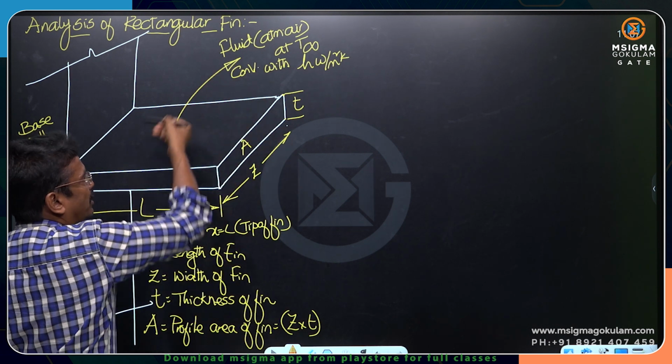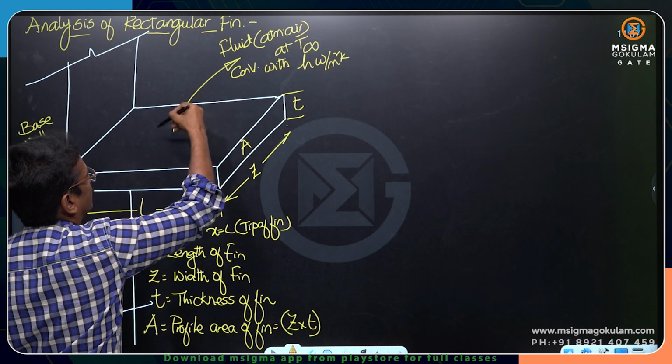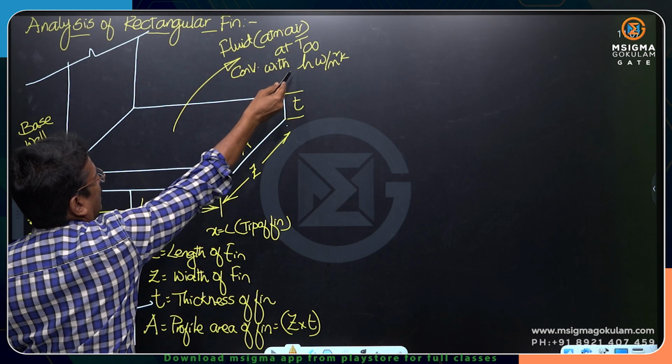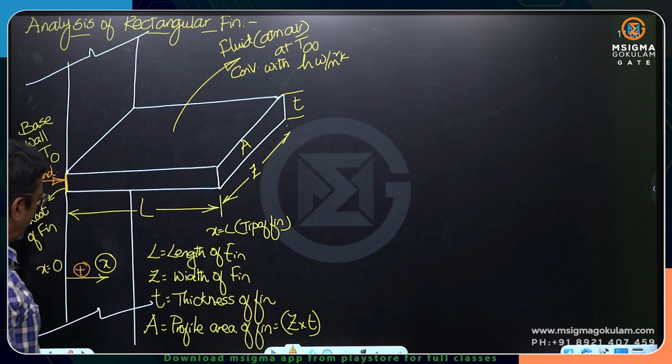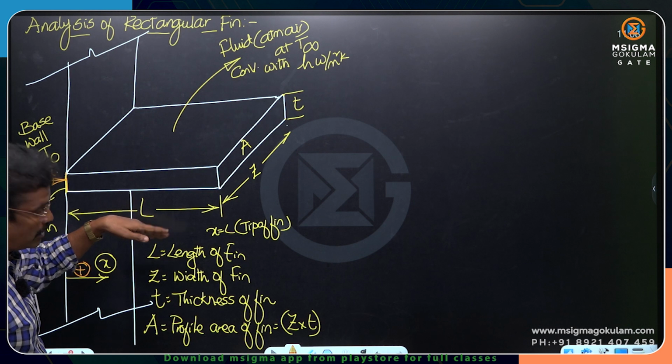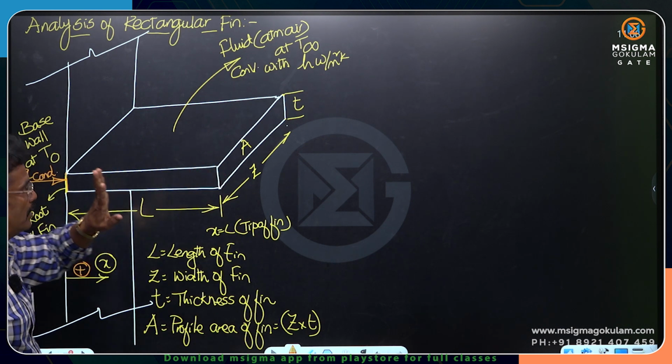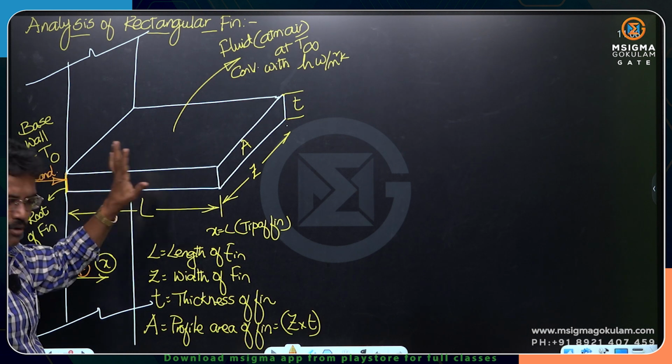All around the fin there is air. Heat keeps convecting from the surface of the fin to the air at T infinity with a convection coefficient of h. This conduction and this convection both happen at the same instant of time. That is the actual mechanism of heat transfer.